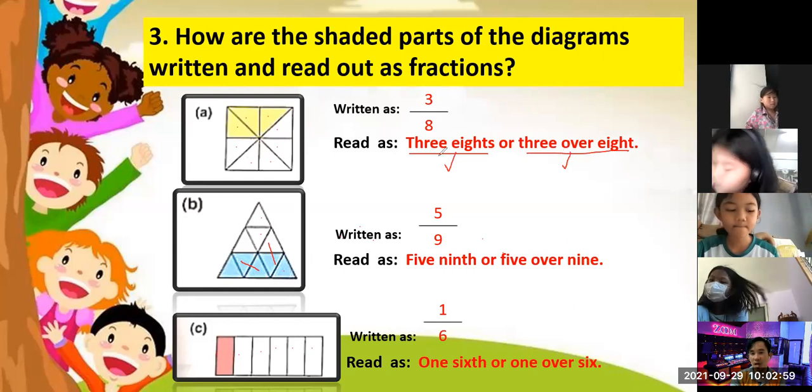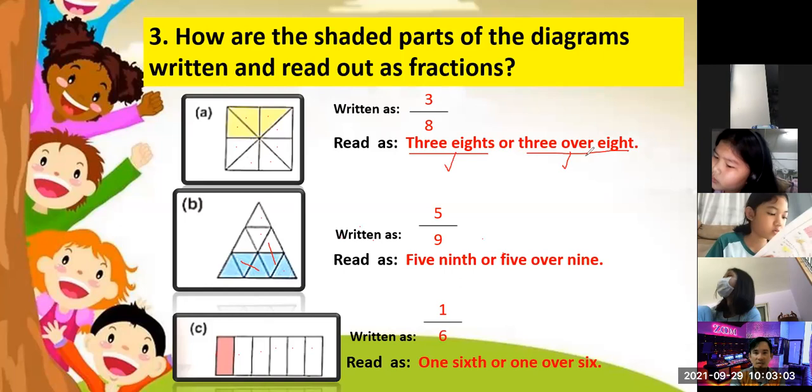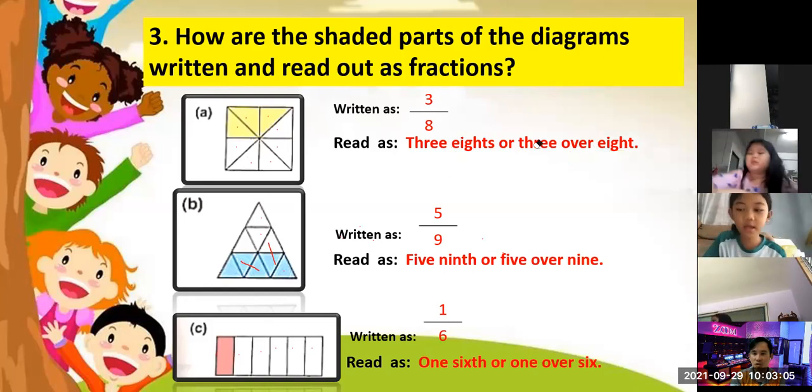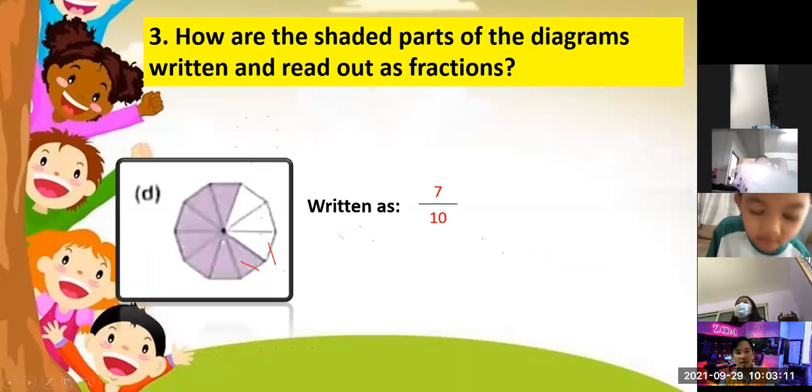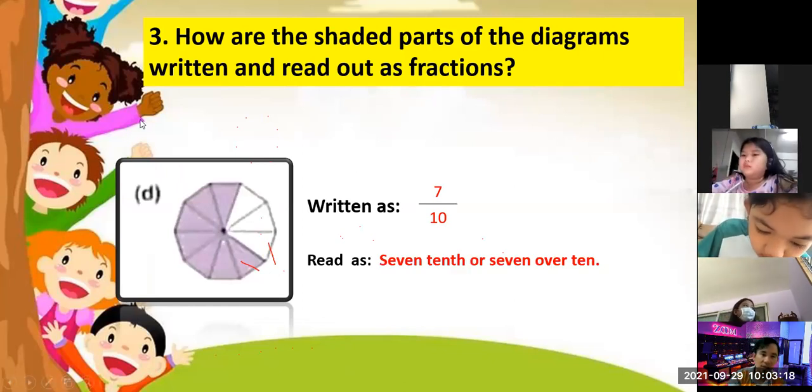So just choose either way. You can choose among these 2 ways. Okay, here, letter D is 7/10 or 7/10.